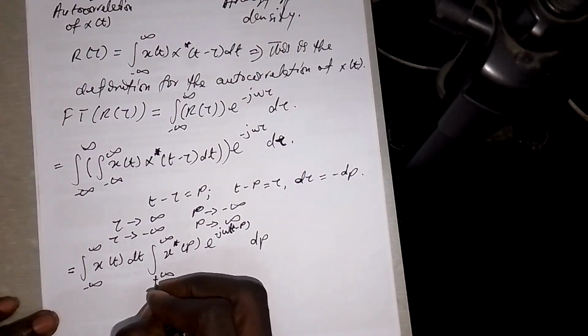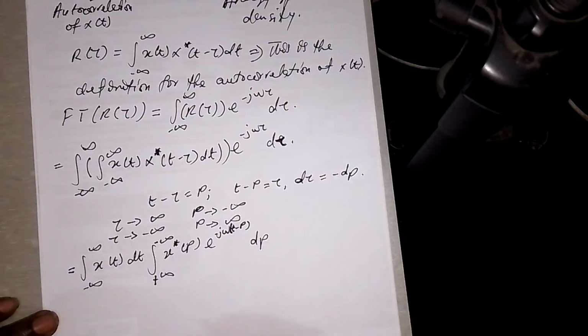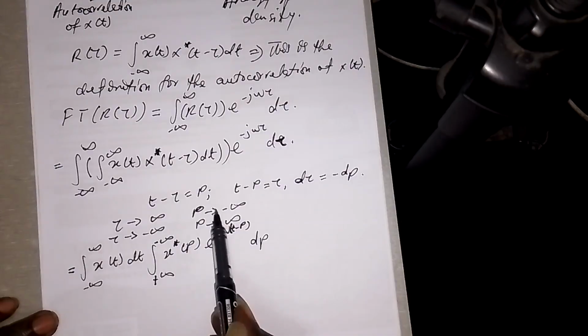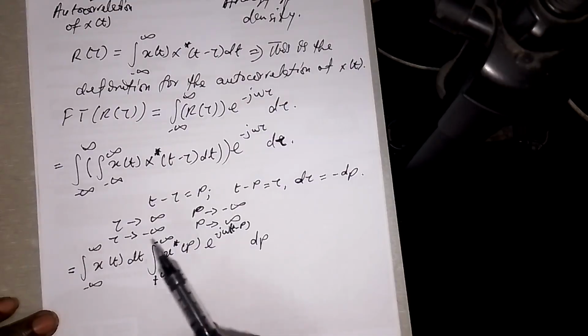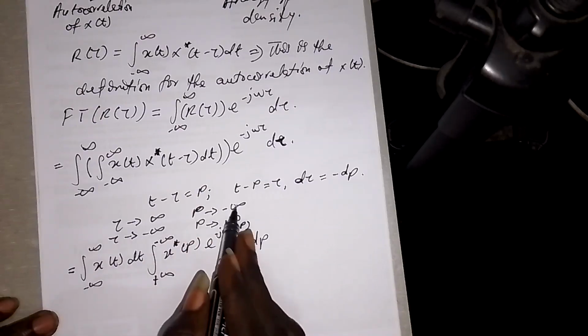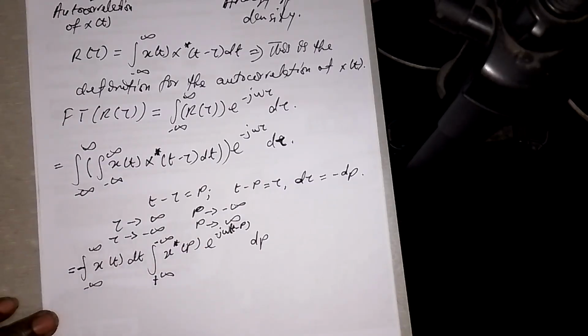So here will become positive and here will become negative in this instance. And we said that when tau is approaching infinity, p will be approaching minus infinity. So if this one is going positive, they are becoming negative, so the whole equation will be affected by this negative.